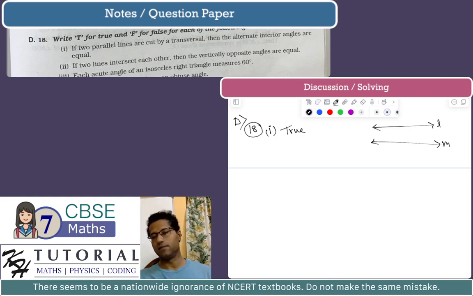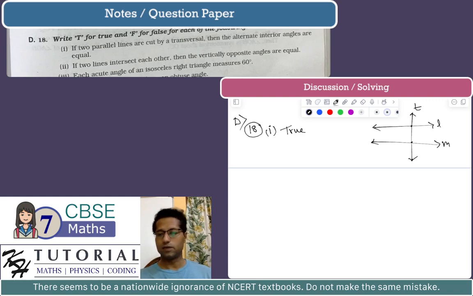If there is another straight line which intersects these lines L and M at two distinct points, this line is known as a transversal. So a transversal has nothing to do with parallel lines, but if the two straight lines intersected by a transversal are parallel, only then do we say that the alternate interior angles are equal.